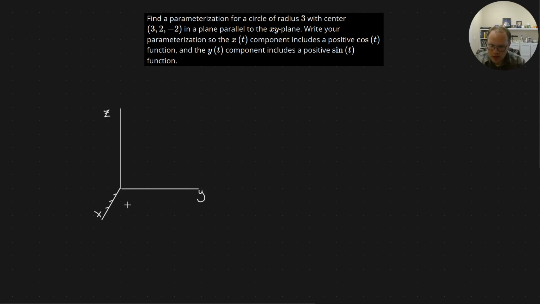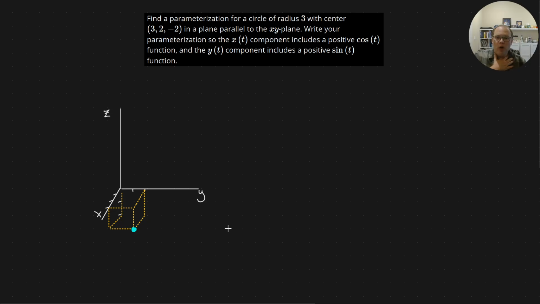So 3, 2, negative 2, something like that. Okay, so there's our center of our circle.